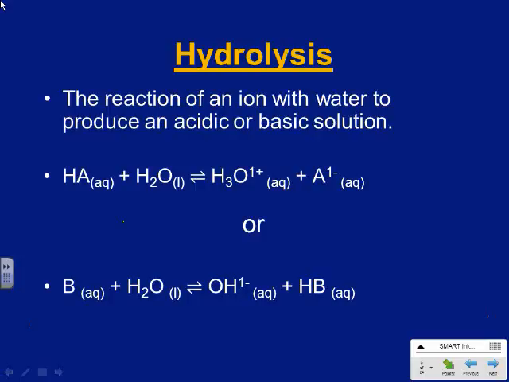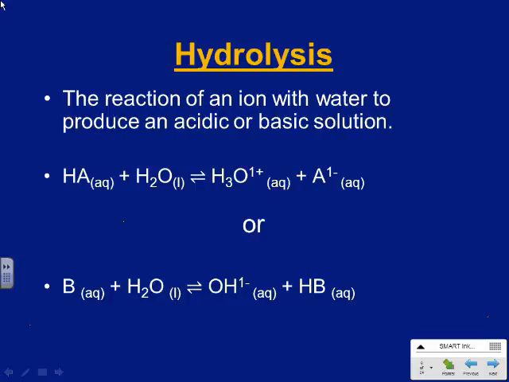We have been using this equation. We were introduced to it last week, when I introduced to you the concept of weak acids and weak bases, and Bronsted-Lowry acids and Bronsted-Lowry bases.